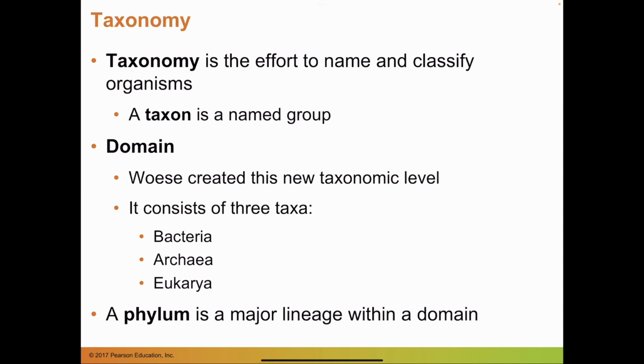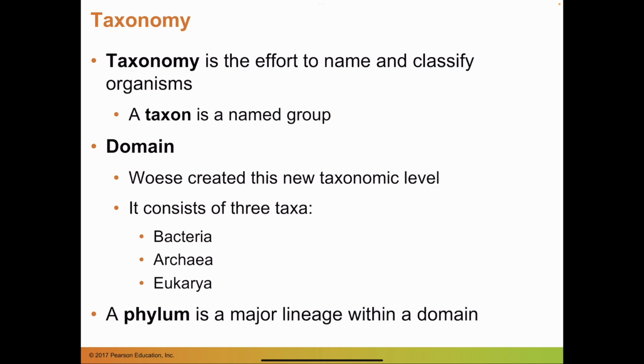Okay, so the next part here is taxonomy. Taxonomy is really a system that's been designed to help make biology a lot easier because it gives everything a name. So it's designed to give all organisms, big and small, their own unique name, and also classify those organisms into their own groups.